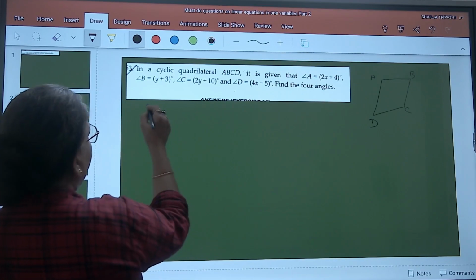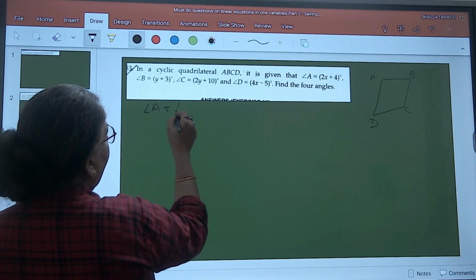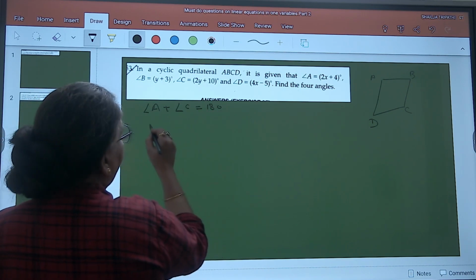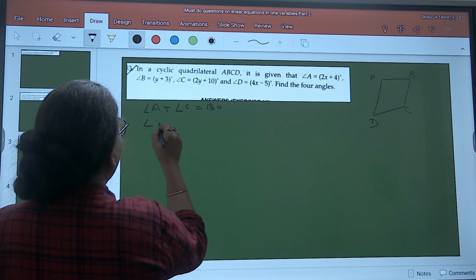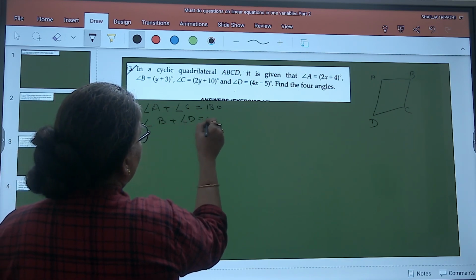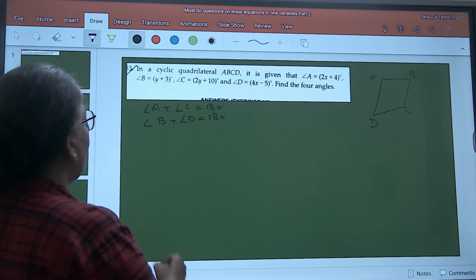Similarly, B and D will be 180. So using this information, that is angle A plus angle C is 180 and angle B plus angle D is also 180 degree.